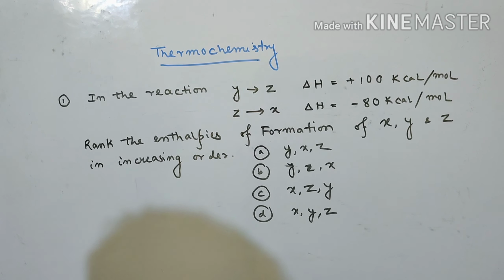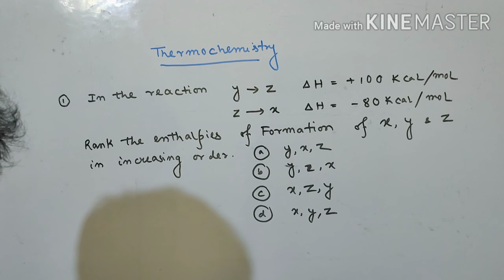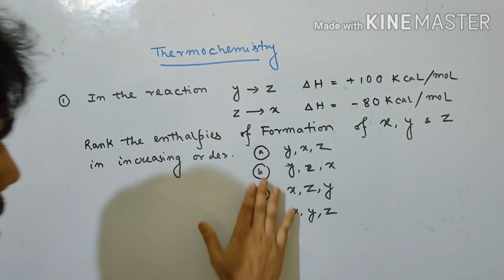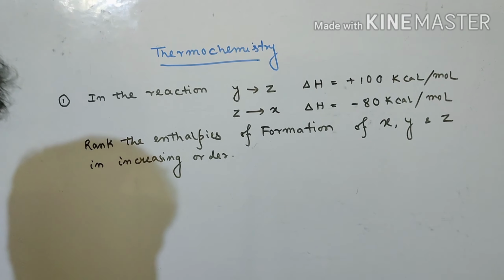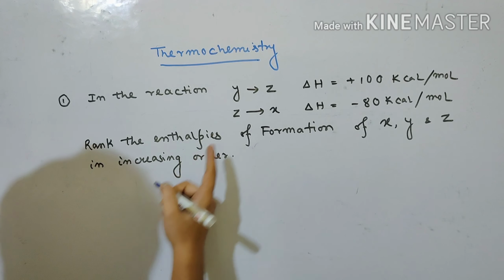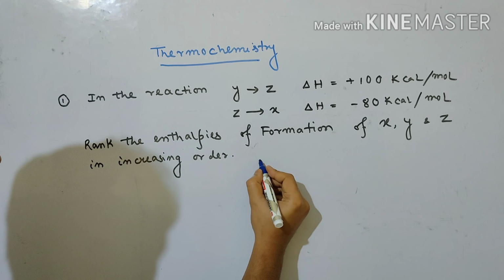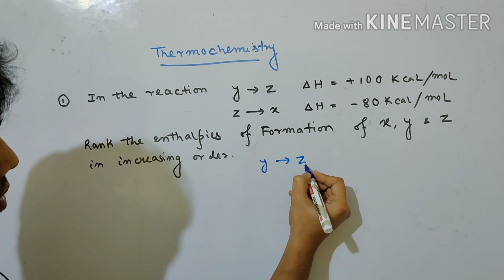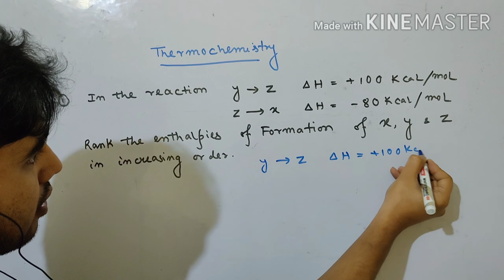So let me do that. I am erasing the options, just keeping the question, because I will be solving here only. According to the question, if Y converts to Z, delta H is plus 100 kilocalorie.